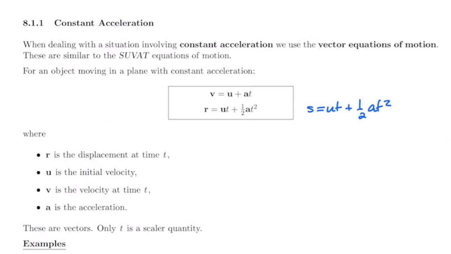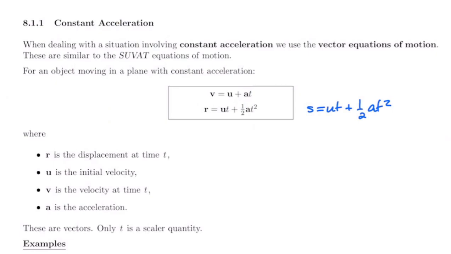Again, you've got to be very, very careful. R is the displacement at time t, u is the initial velocity, v is your vector velocity at time t, and a is your acceleration. These four things, r, u, v, and a, are vectors. The only scalar quantity in there is t.